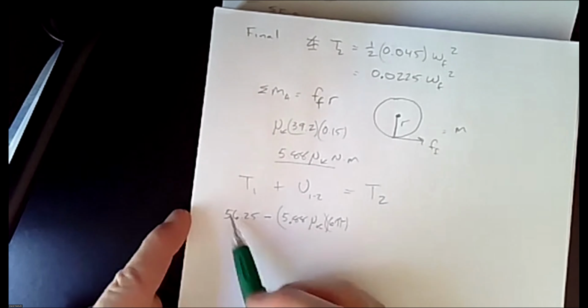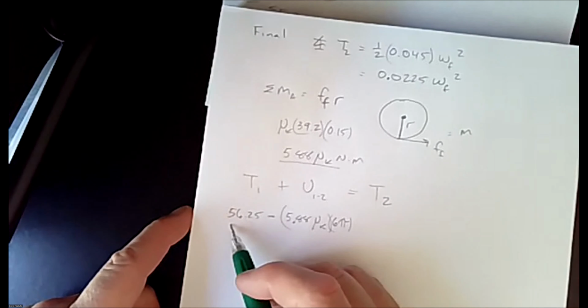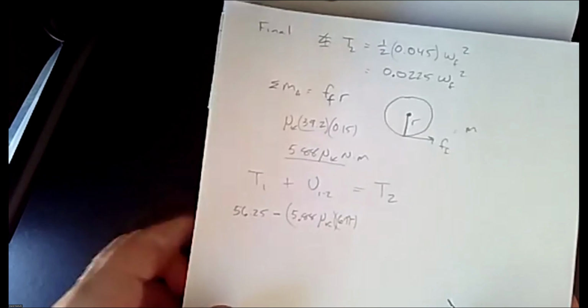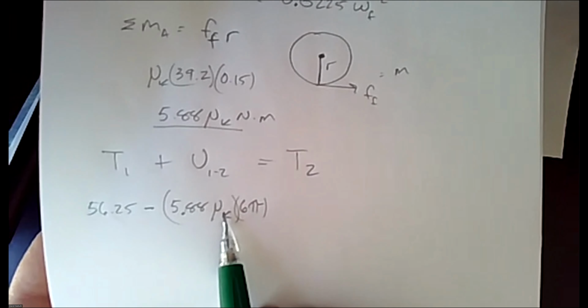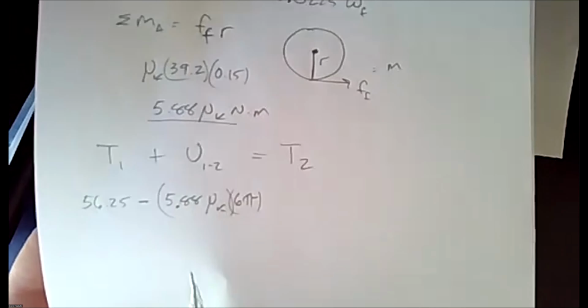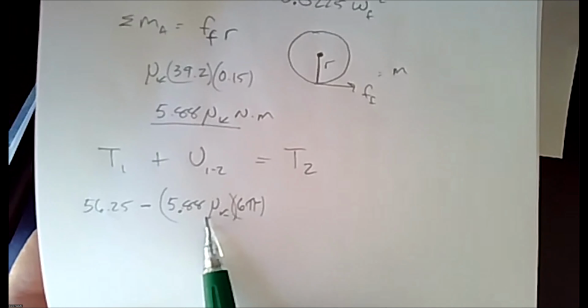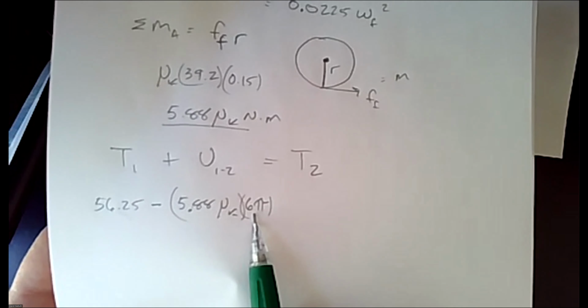So imagine that this is my initial rotational energy. And then because of the moment of friction, this 5.88 times mu k, which came from up here, is going to be multiplied. That's my moment times my theta. So M times theta, and theta being 3 revolutions.